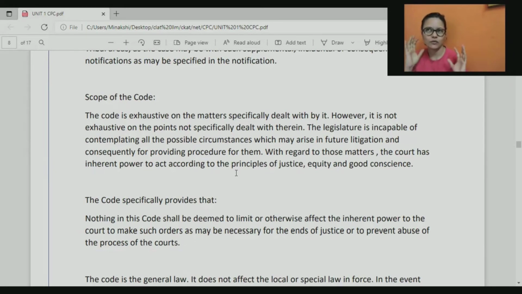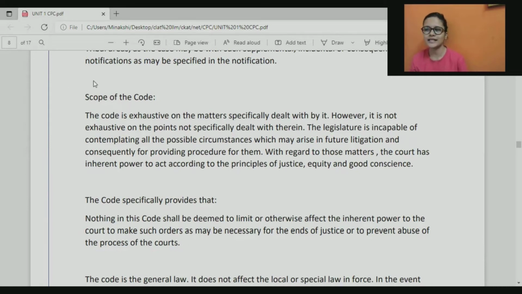And taking all of those things into consideration, they will frame a legislation. But in the years to come, there will be so many other situations, so many other types of disputes or other areas which may be highlighted before the court. Because humanly, it's not possible for us to think about all the possible outcomes or situations.